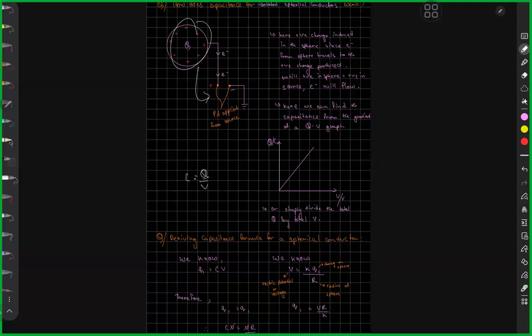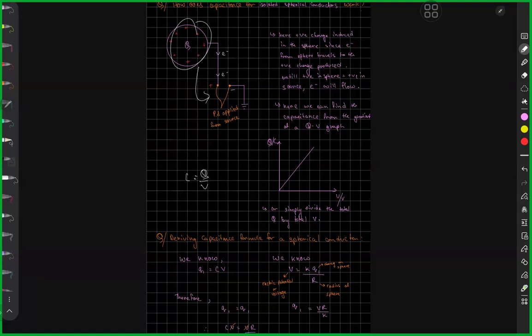So if I supply 12 volt and the charge accumulated is, let's say, 10 microcoulomb in the sphere, then I just divide and get whatever the value is. So 1 microfarad, I guess. That should be my answer, right? Fair. That is not wrong.